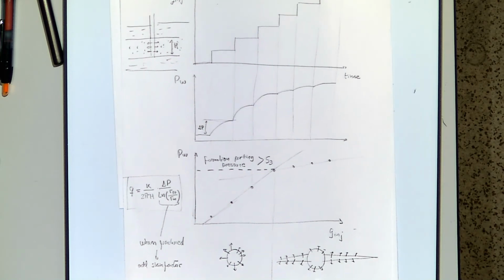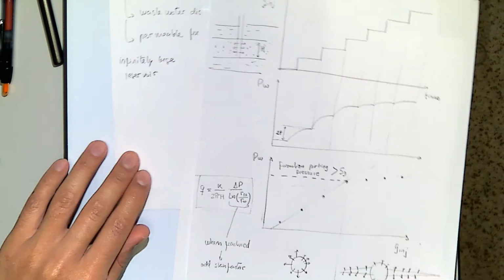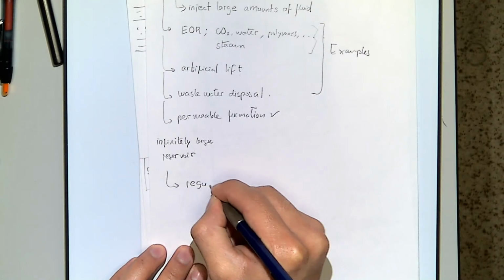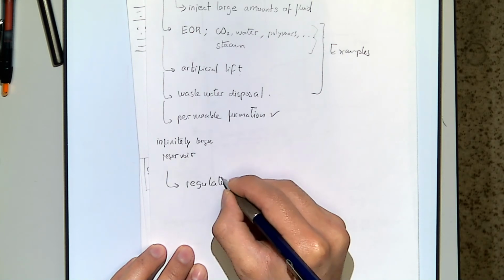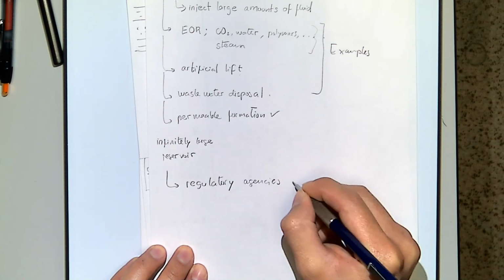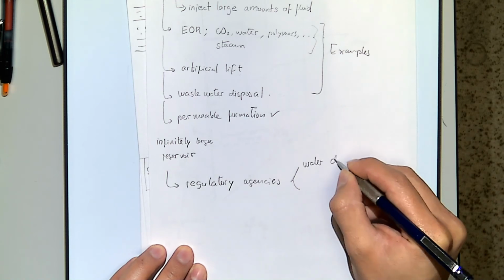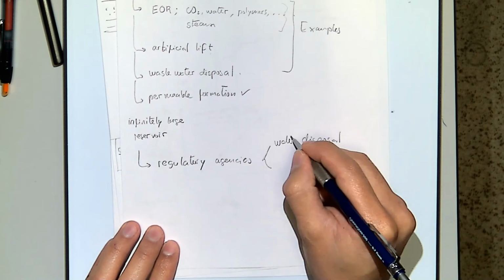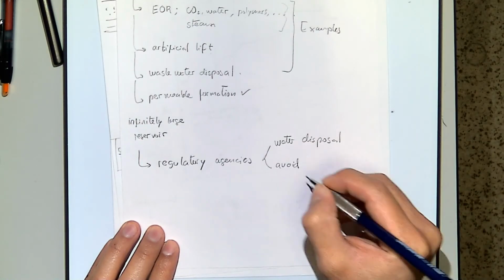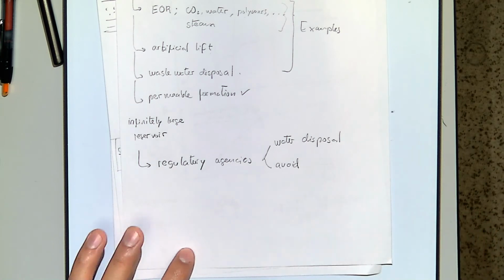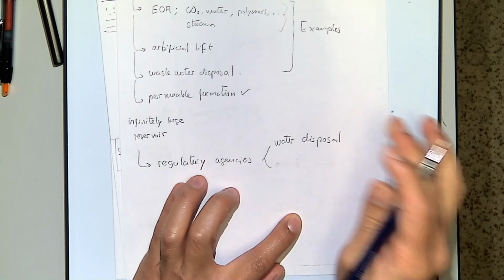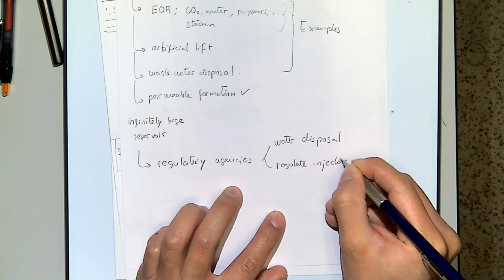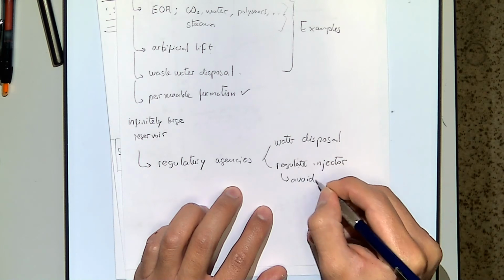We do not want fractures because many times this stability test is done by regulatory agencies that deal with water disposal, or with cases in which you want to regulate injectors so that you avoid fracturing.